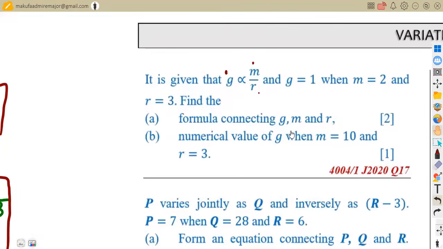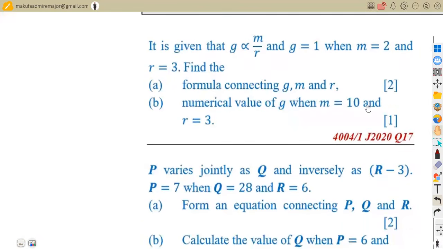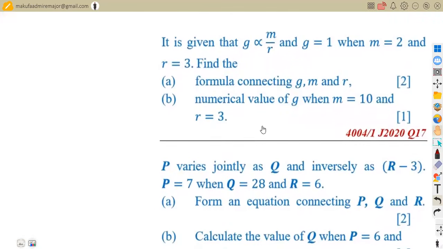So we are talking about a joint variation whereby G is directly proportional to M, but when you consider G and R, it is inversely proportional to R. But on a consideration like this, whereby you do not even understand whether it's inverse or direct, you are just given a question like this, the idea is to simply answer the question.